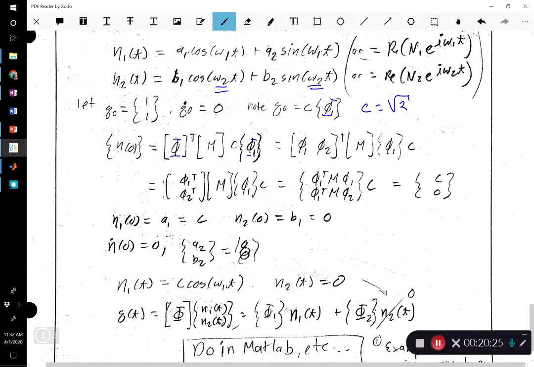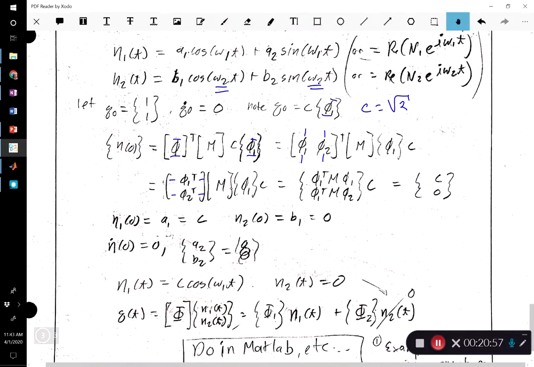So plugging that in, what we can show is that if we were to plug in for the phi matrix the two columns, these two vectors, phi transpose m phi, to do the multiplication, we can treat each block as if it was a scalar in the matrix. So the transpose of this matrix is just phi 1 transpose. So now it's in the row, phi 2 transpose.